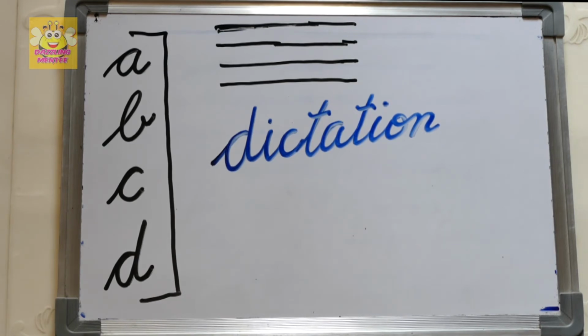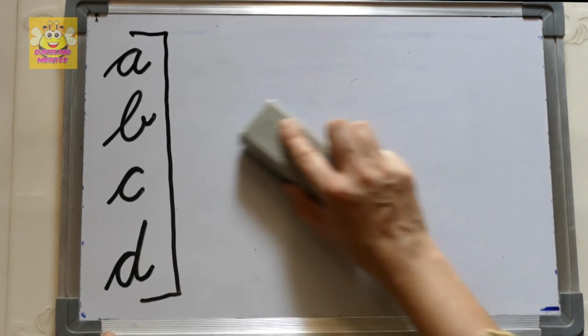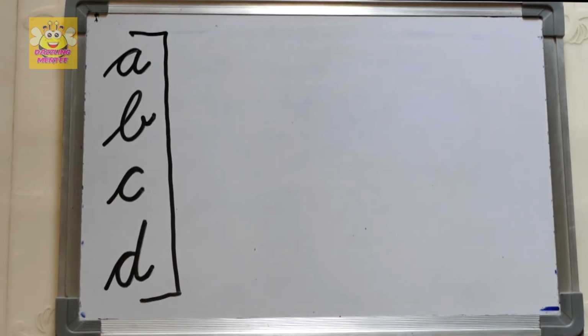Because in the class or wherever they are going, nobody will say C for cat, A for apple. That is wrong.